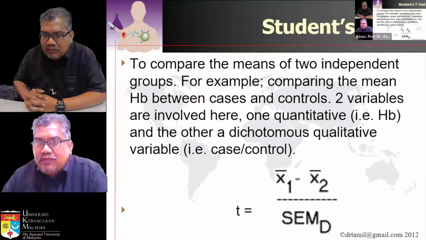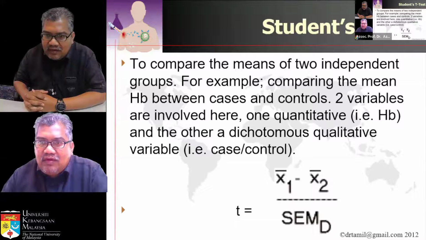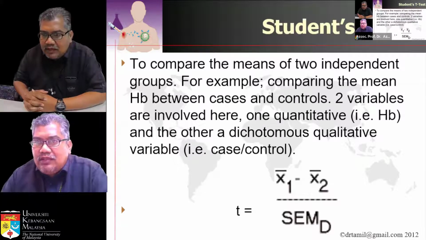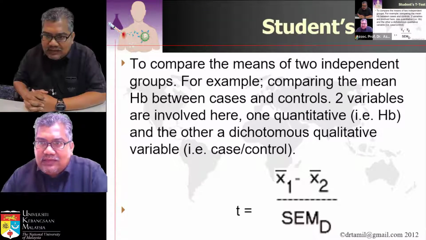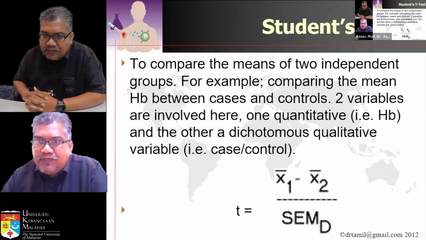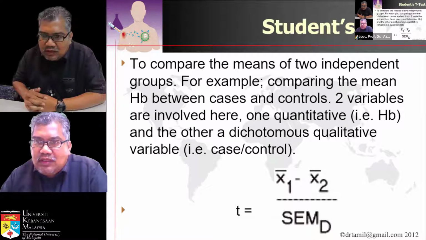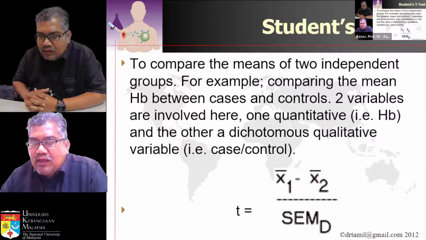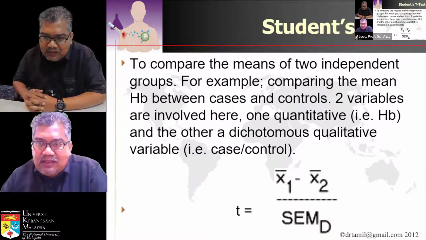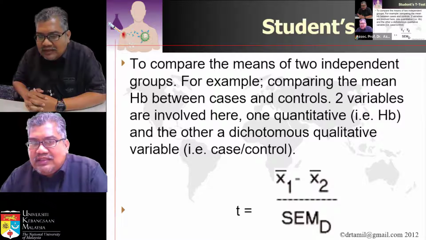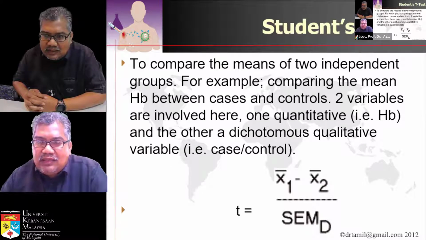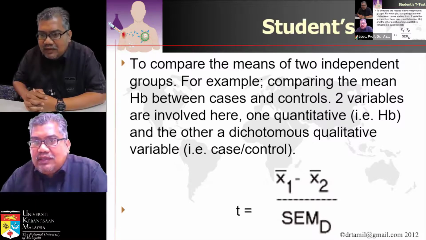You want to compare the hemoglobin level of those on hematinics and those without, so you are going to use a student's t-test. You're comparing the mean hemoglobin level between the treatment group and the control group. What is the variable being compared? Hemoglobin level. What is the factor of interest? The group that is given treatment and the group that is control. Therefore, it is done using student's t-test.